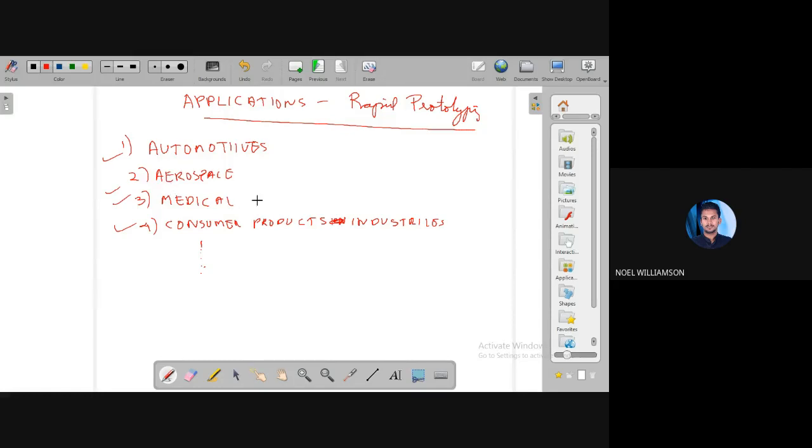Now we will move to the limitations. Till now we have seen the main advantages, uses, or the reasons for rapid prototyping. Now we will see the main limitations of rapid prototyping.